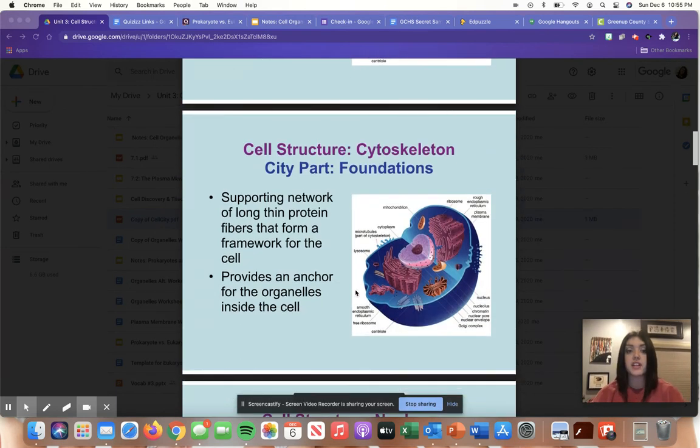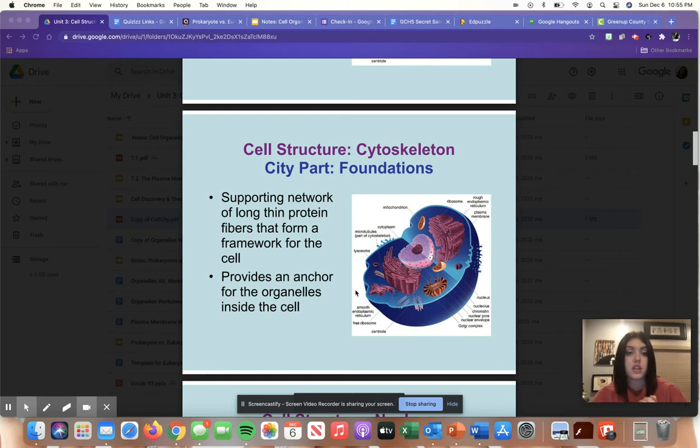Then we have the cytoskeleton. So this is the foundation of the city, right? It's what everything is built on. Remember when we talked yesterday, we said that the cytoskeleton is exactly how it sounds, like the skeleton does for the human body. It supports, it gives things shape.